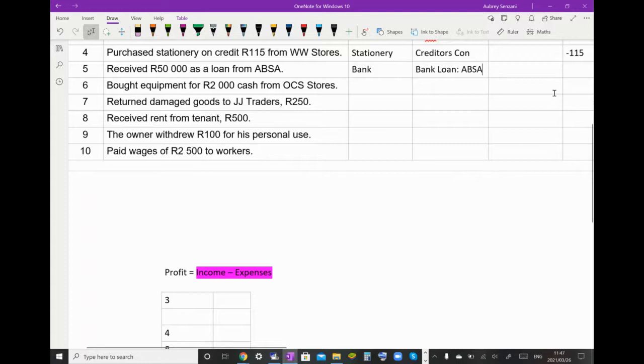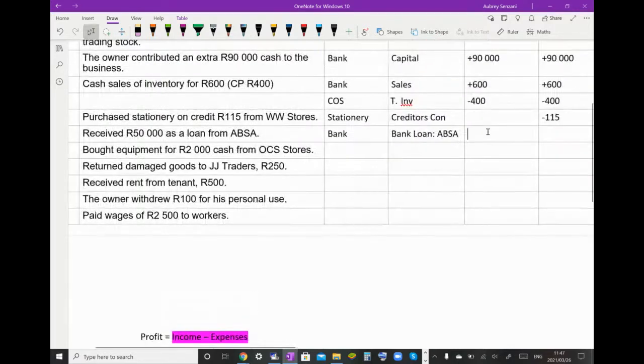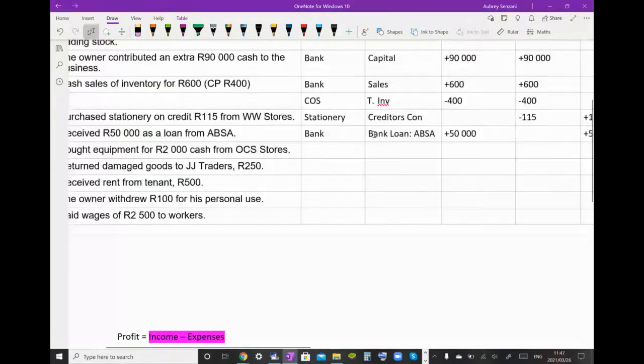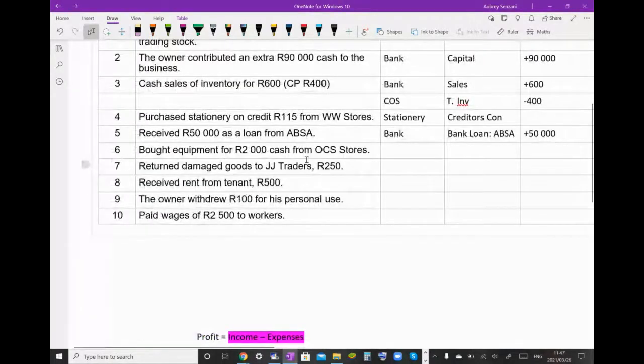Okay, there we go. So under assets, we're obviously going to put a positive 50,000 because there's money sitting in the bank. But also under liabilities, we're also going to put a positive 50,000. Right. Then we go to the 6th. It says bought equipment for 2,000 cash from OCS stores. Equipment for cash. So equipment is an asset.